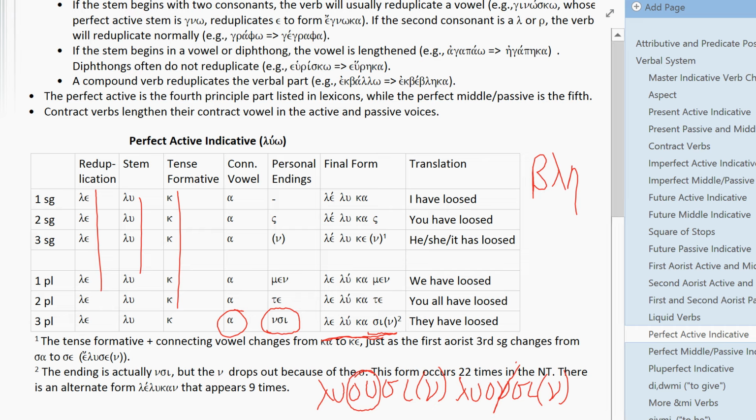And then the translation, I have a standard translation there. So the first person singular is translated I have loosed, and then you have loosed, he has loosed. That basically corresponds with the English use of the perfect tense, and it's not necessarily how you're going to translate every perfect verb. In fact, many perfect verbs are better translated as simply present tense verbs.